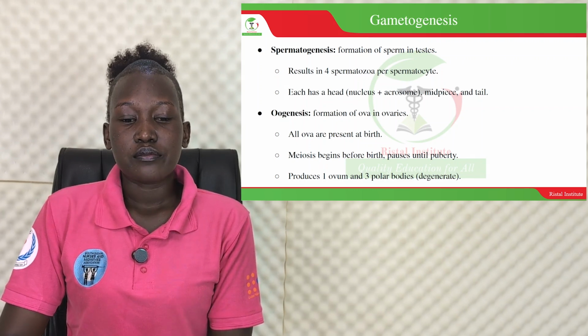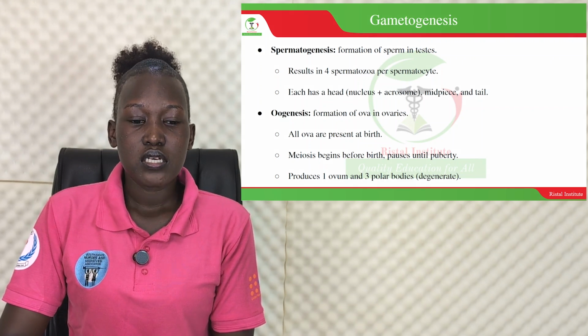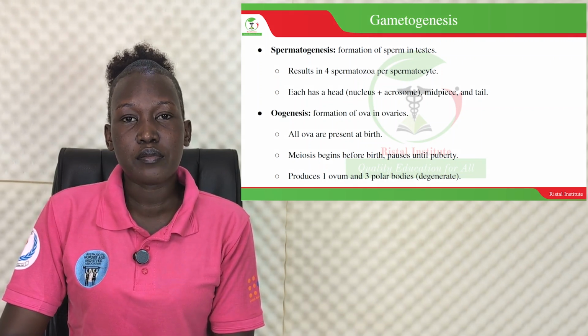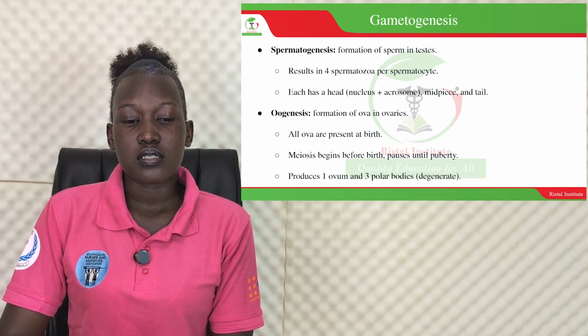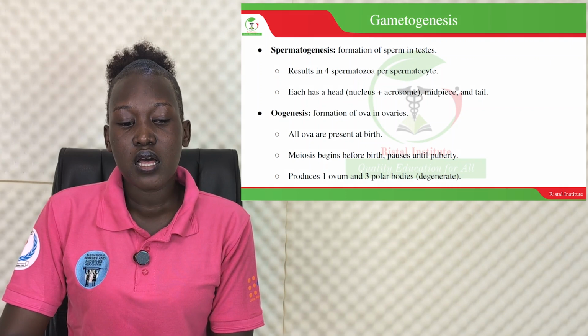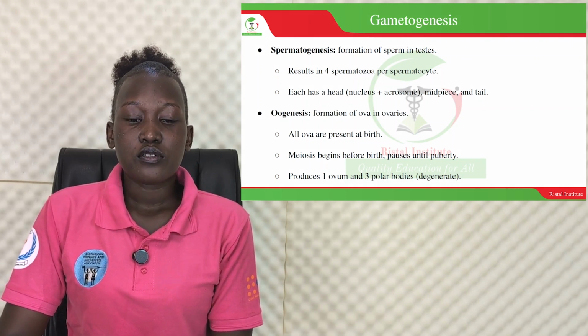So when you talk of gametogenesis, two things should come into your mind: one, spermatogenesis, and then what we call oogenesis.